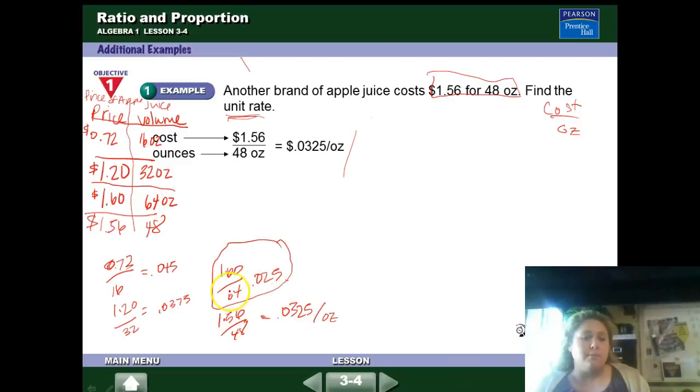So 64 may cost me more money. Okay, it is the most expensive, but I get more juice in this container than any of the others. So when you find the unit rate, you can see here that 0.025 is my cheapest, so that would be the apple juice I'd want to buy.